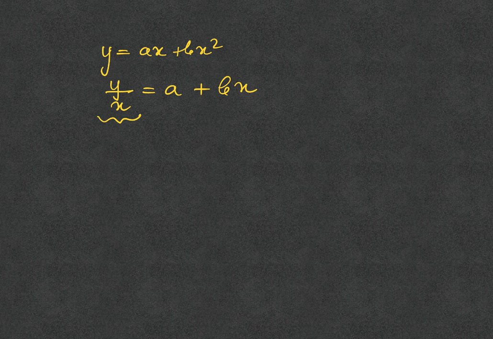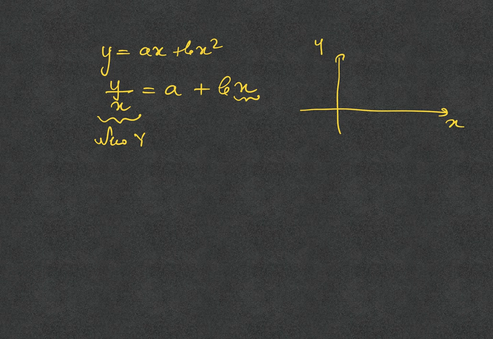Now the new y is y over x, and x stays as it is. Just by dividing by x and then graphing the old x against old y over old x, I get a linear graph where a is the y-intercept and b is the gradient, and I can use them to find the model.